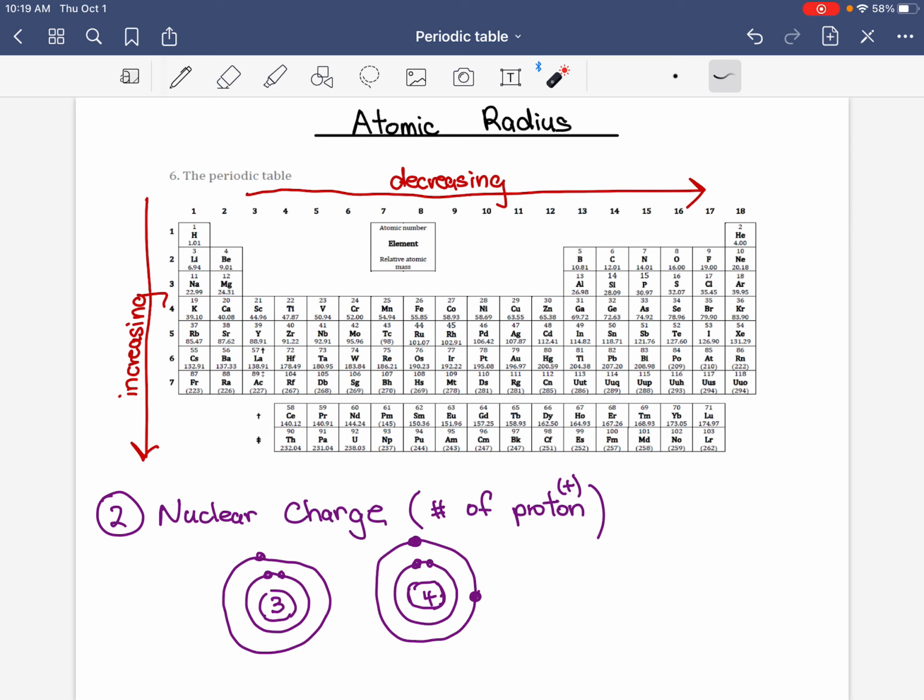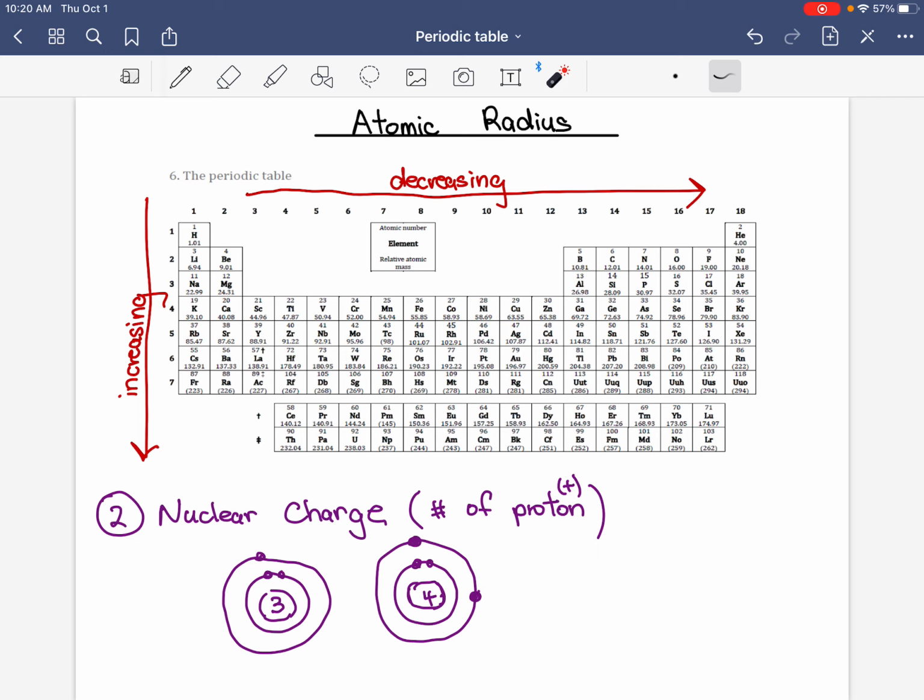That's why, as you move across the period, the atom is actually getting smaller because of that. Because of the nuclear charge just getting stronger and stronger.